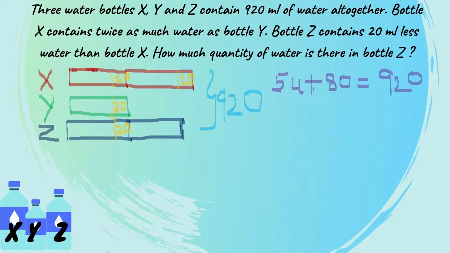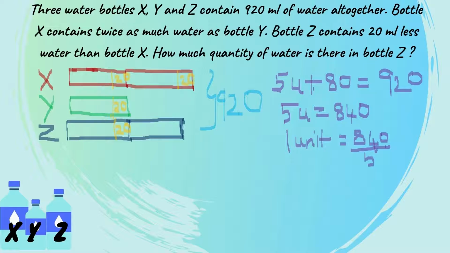Okay, so what about 5 units? When you move the 80 to the other side, it will be 920 minus 80, which is 840. So what is 1 unit? 1 unit will be 840 divided by 5.